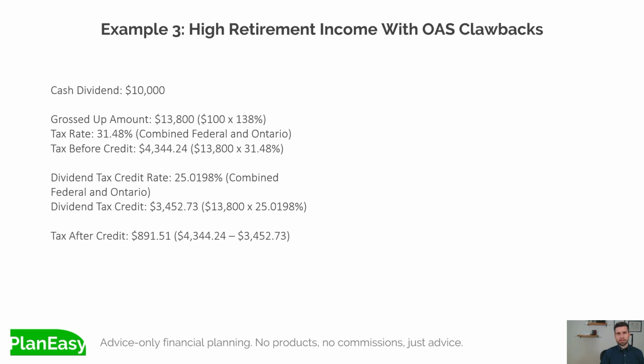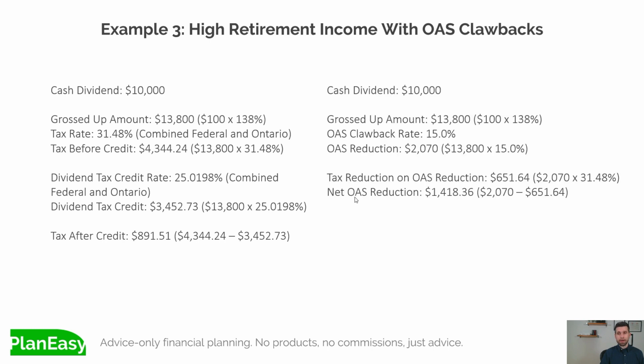So at first glance, on just the tax alone, dividend income looks very attractive, but we have to look at the effect on the old age security clawback. So the second piece of this is that we've got the cash dividend, it gets grossed up, and that's what the OAS clawback is looking at. So unfortunately, that grossed up amount leads to a fairly large reduction in old age security benefits.